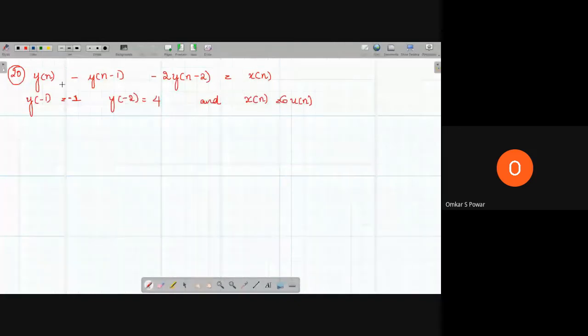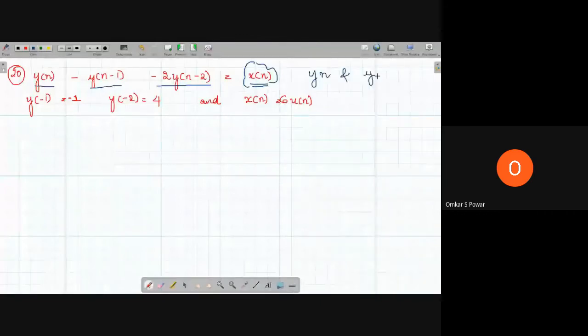Let us see the question here. Y of n minus y of n minus 1 minus 2y of n minus 2 is equal to x of n. Here see, x of n comes. We have to find the natural response and also the forced response.